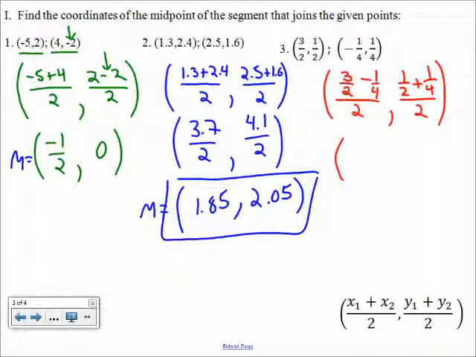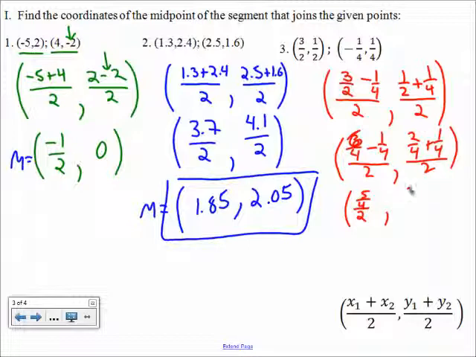This is then equal, if I get a common denominator, to 6 fourths minus 1/4 over 2, and 2 fourths plus 1/4 over 2, which is 5 fourths over 2, and 3 fourths over 2.